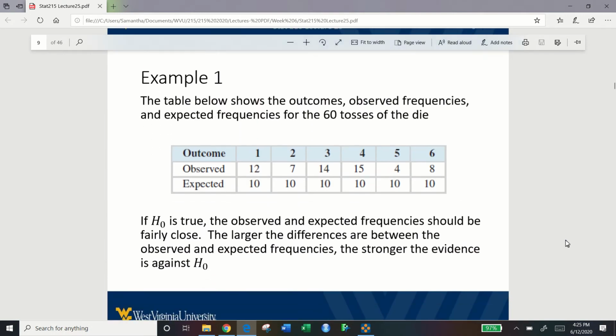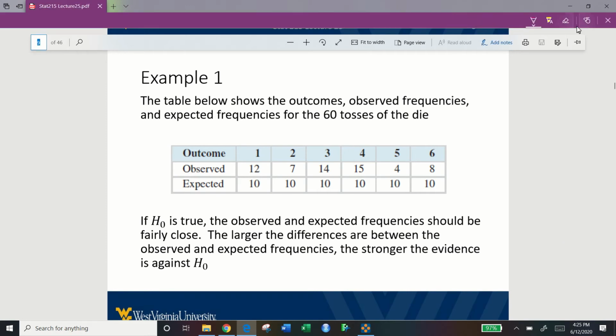The table below shows the observed frequencies and the expected frequencies for the 60 tosses of the die. At this moment, I want to pause for a second just to let us recall. So for our expected frequencies, if we recall, our Ei is going to equal n times pi.